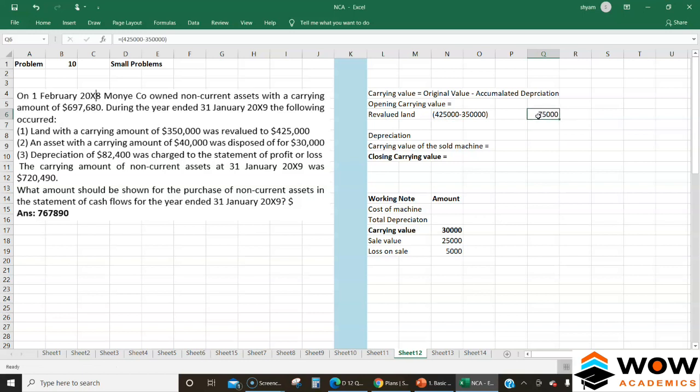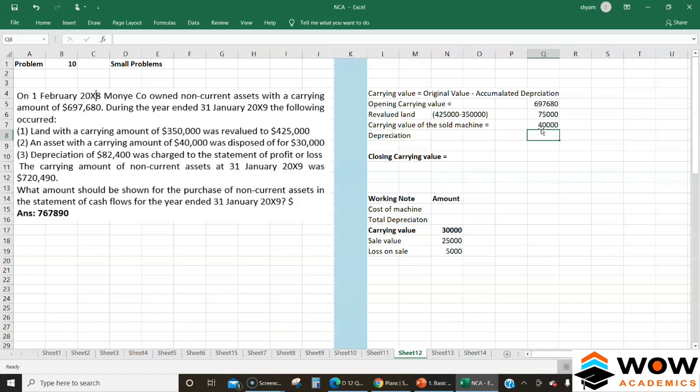The opening value was 697,680, and there has been an asset sold. The carrying value of the machine sold was 40,000, so 40,000 worth of asset has been sold.